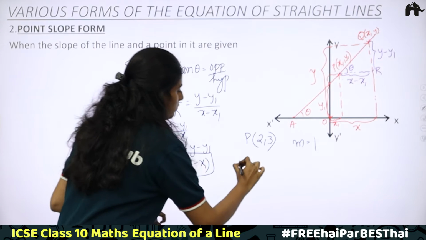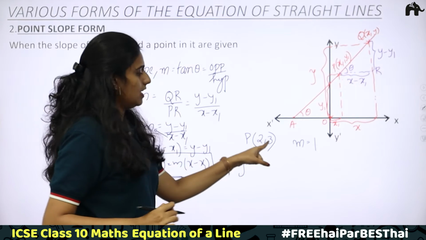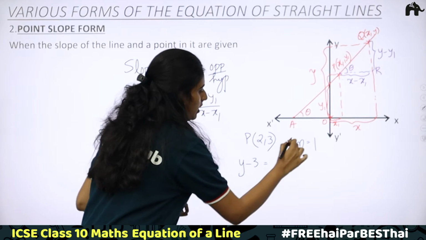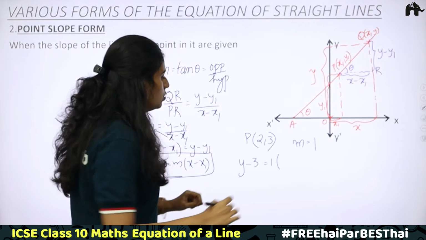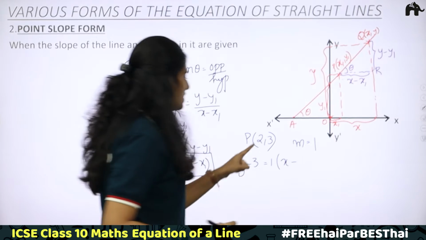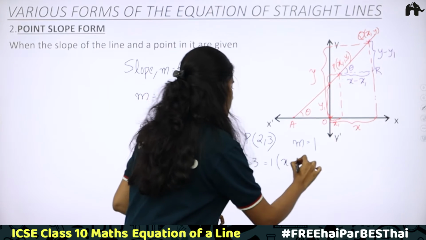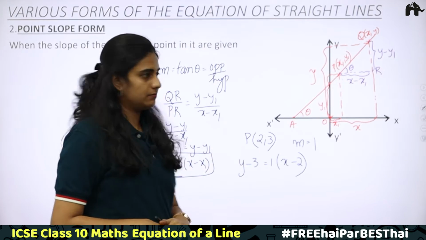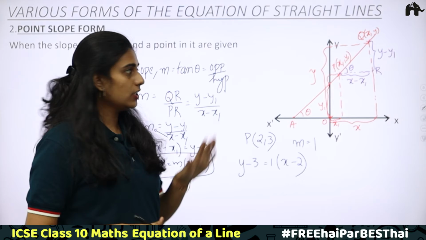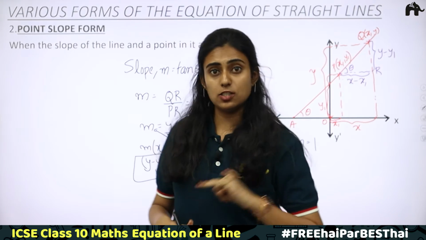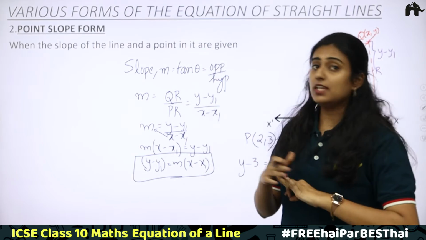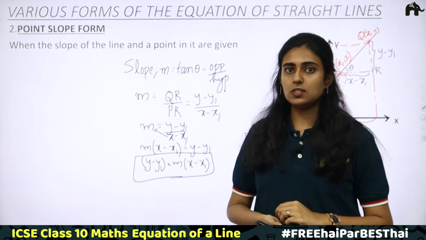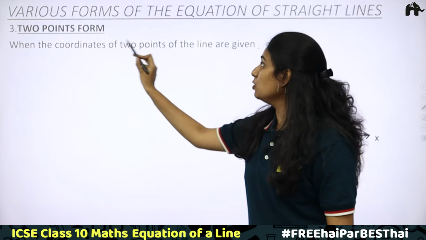Then the equation of the line will be y minus 3 is equal to 1 into x minus 2. On rearranging this, we will get the equation of the line. Clear? So here we need a point and the slope. In the previous form, we needed only the slope and the y-intercept. Understood? Next, the third one is the two points form.